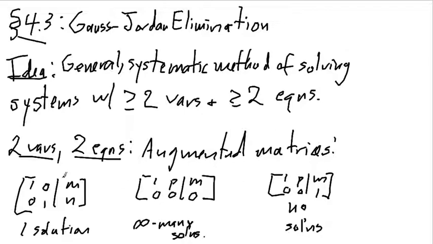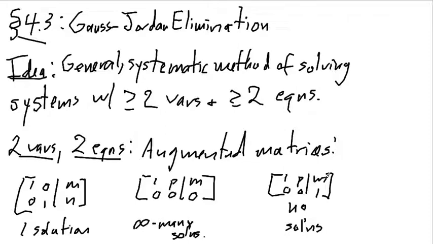But what I'd really like us to notice is this. Each of these systems has the following. Every single row is either all zeros or begins with a 1. The first non-zero entry is a 1. So here we have a 1 and a 1. Here we have a 1, and then all zeros. Here we have a 1, and then a 1 down here. And anything before the first 1 is a 0. Also, below or above any 1 is a 0.